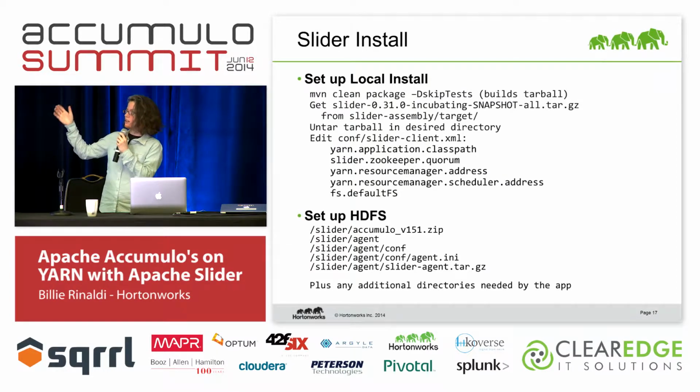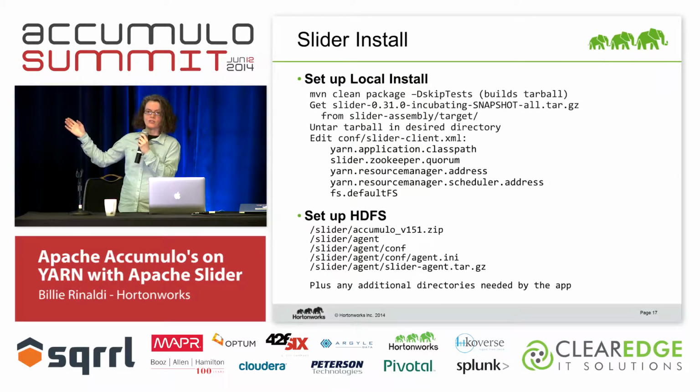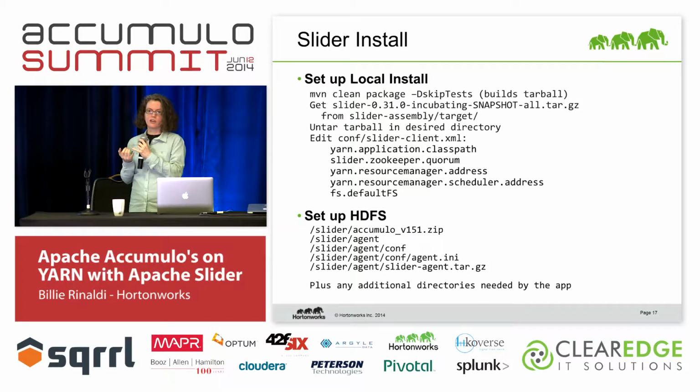But you take the tarball, untar it into the desired directory, edit the Slider configuration file, and tell it where the yarn jars are, where the location of the running Zookeeper hosts are, the location of the resource manager and the scheduler address, and then where HDFS is.